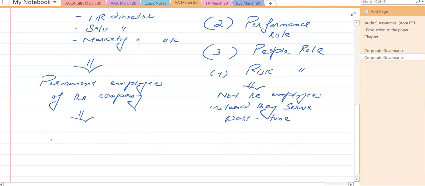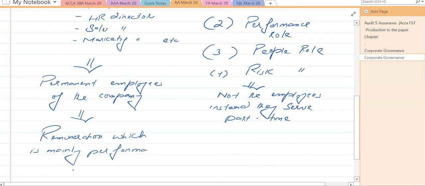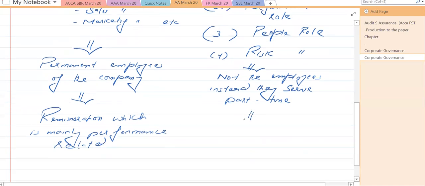EDs get remuneration which is mainly performance related. NEDs get fixed remuneration and it should not be performance related.